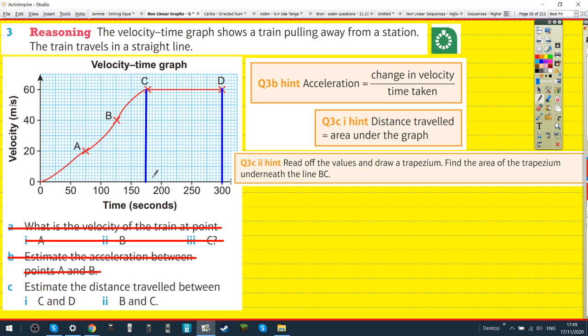Well, what is the base? If that starts at 175? It starts at 175. It goes to 300. And so what is the base? 125. Yeah.